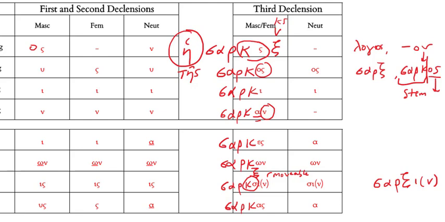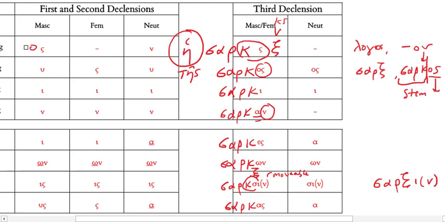Now, let's just talk a little bit more about these case endings here. One of the things that we like to do, if possible, is to see patterns, to draw similarities where we can between the case endings that we already have learned and the case endings that we're learning that are new on the third declension side.